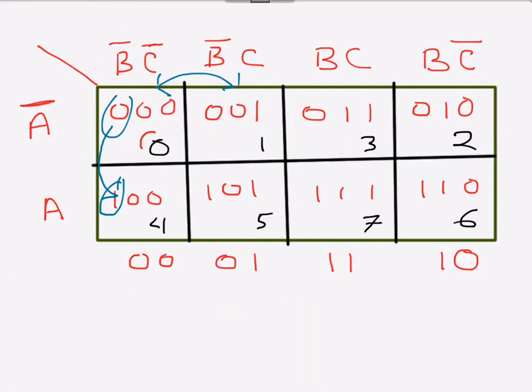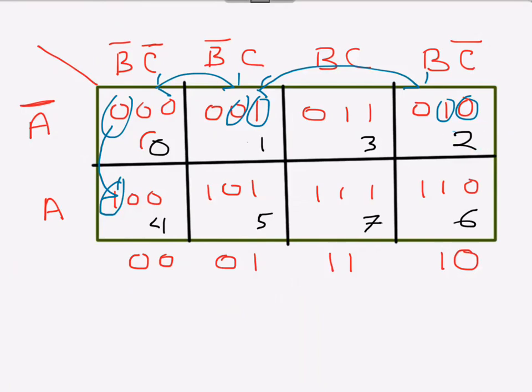Because if we look at 1 and 2, this one is changing and this one is also changing. So they are not adjacent, and that's why the K-map is made in such a way that 2, instead of coming right after 1, comes in this place.